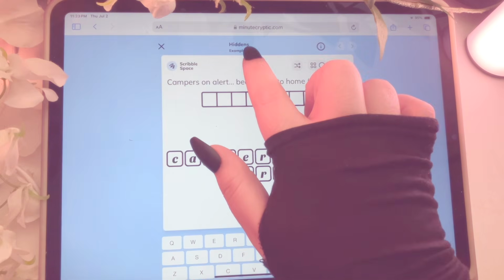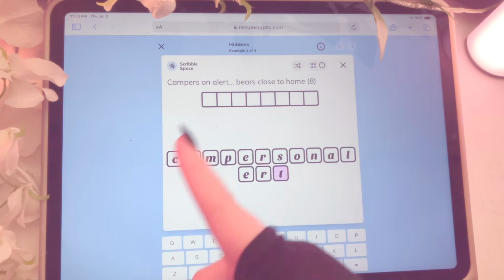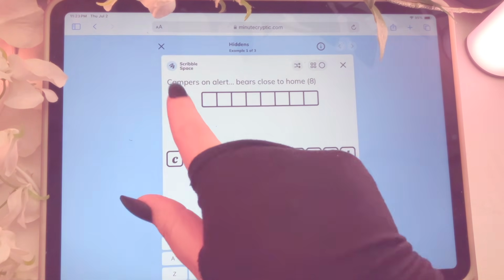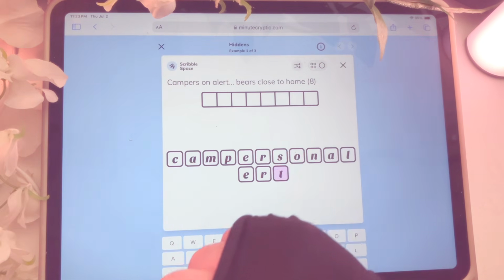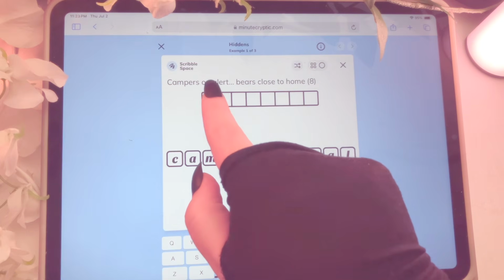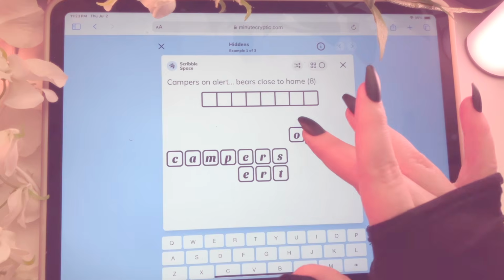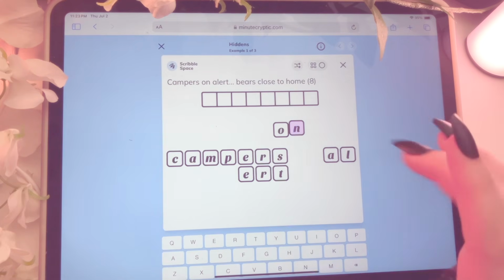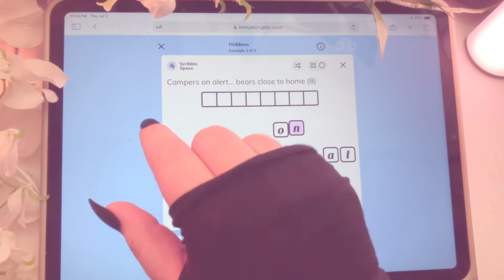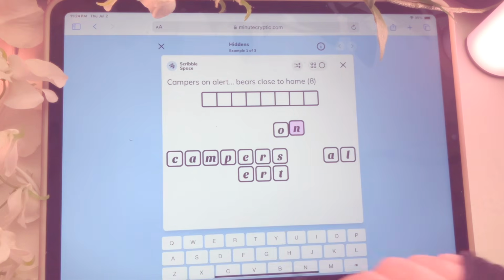But with the hiddens, I love them because they're usually all in a row, just spread across words, and you have to kind of take parts of words a little bit. So because there's 3, it helped me spot it right away because I'm like, okay, for it to be spread across all of them, we know that on has to be in there in its entirety, right? And then it'll be some amount of the end of this, and some amount of the beginning of this.